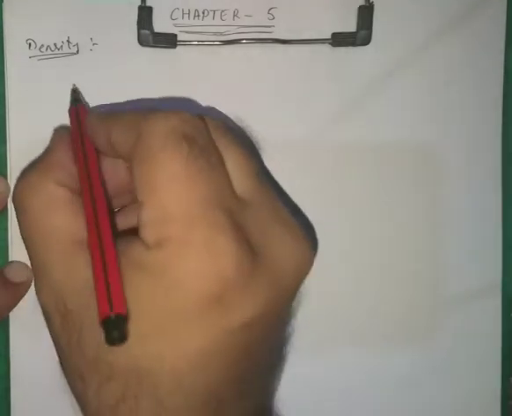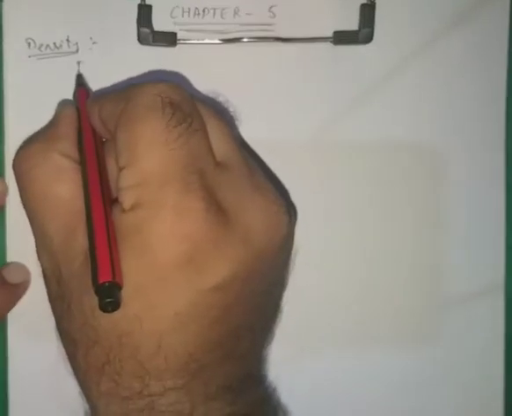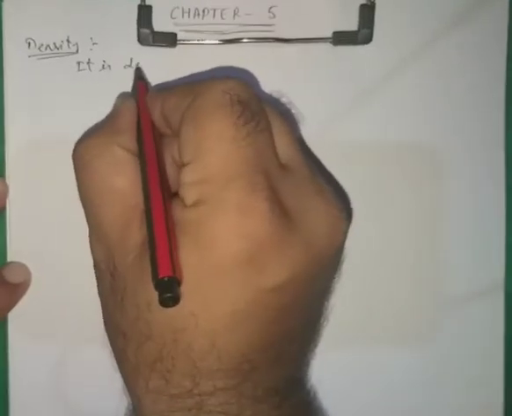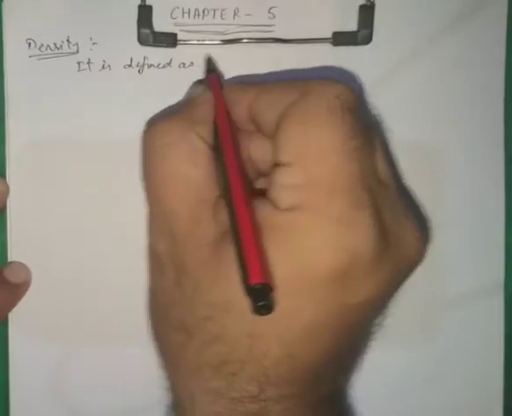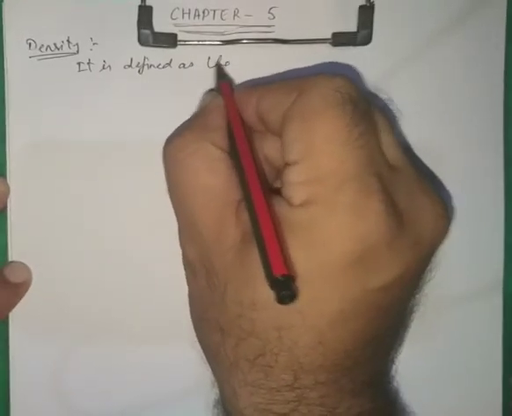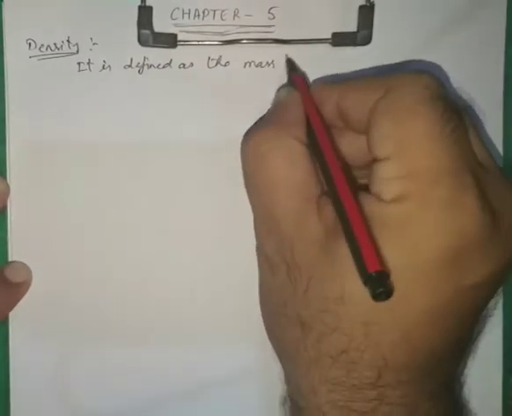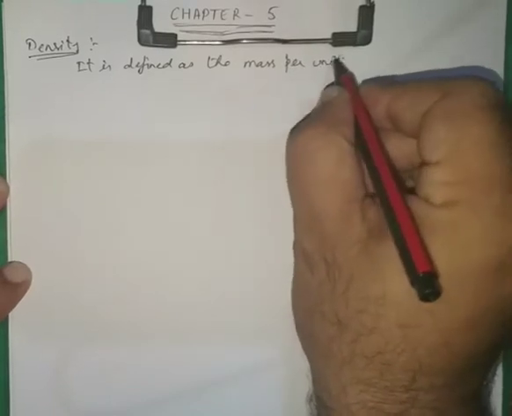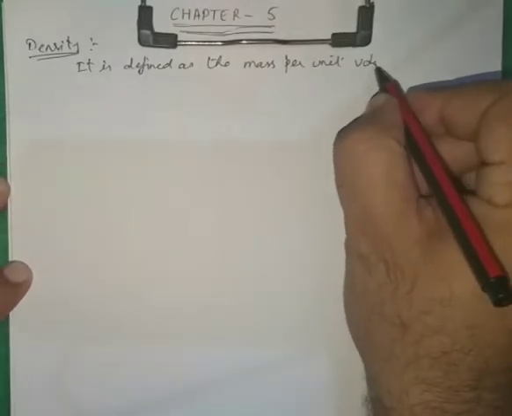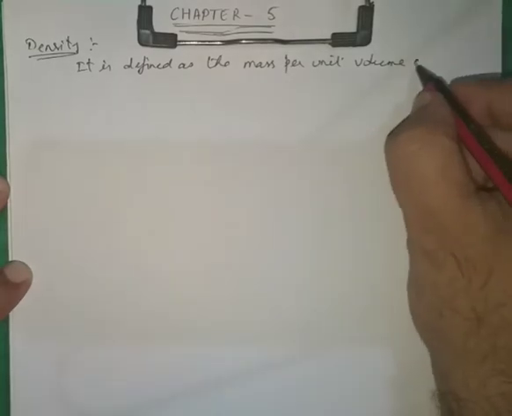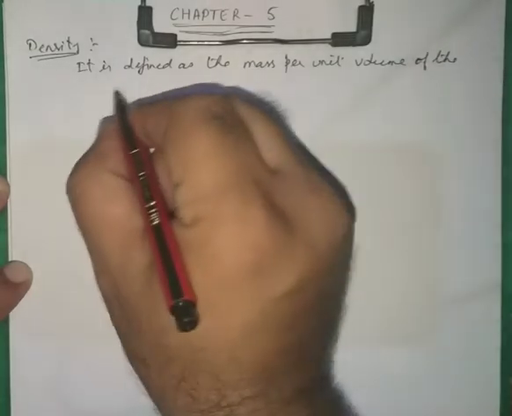We are now going to use one word that is called density. So the density of a substance is defined as the mass per unit volume of the substance.